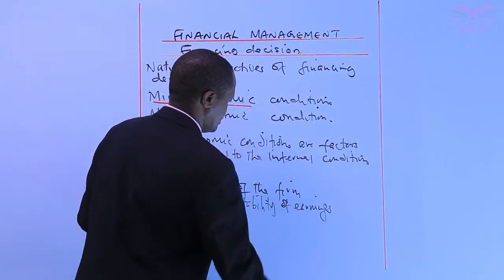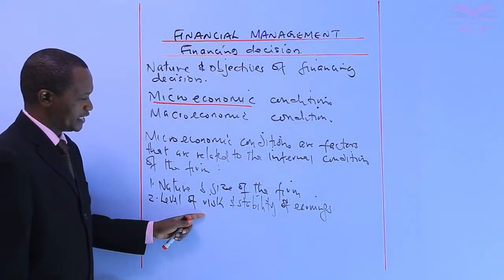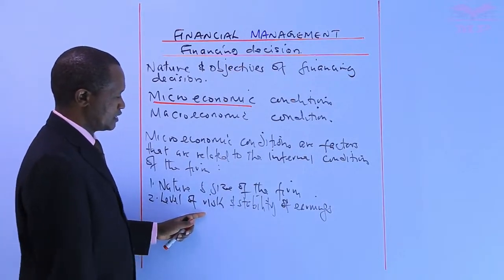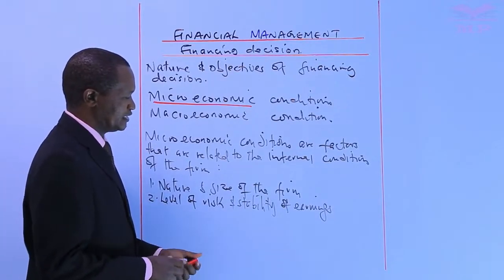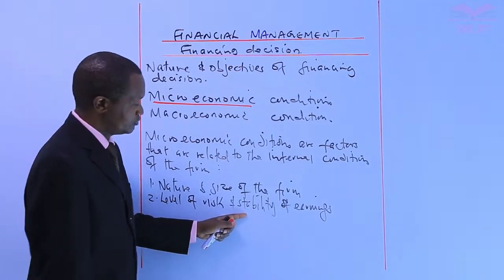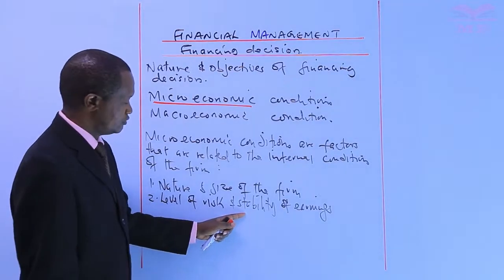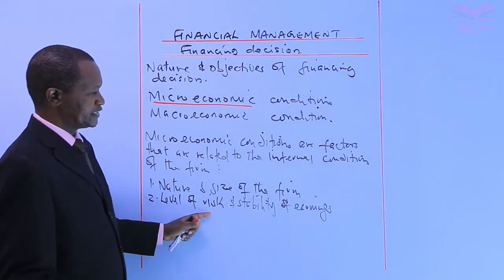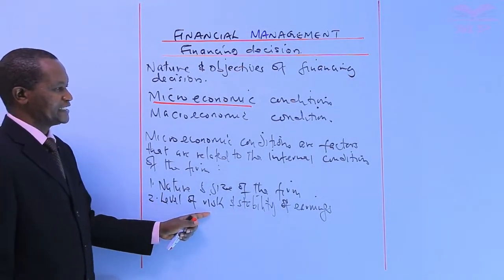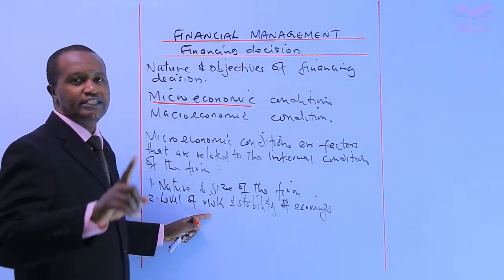There are farms whose earnings are stable. There are farms whose earnings are not stable, not predictable. So the level of risk and stability of a farm is an internal condition.